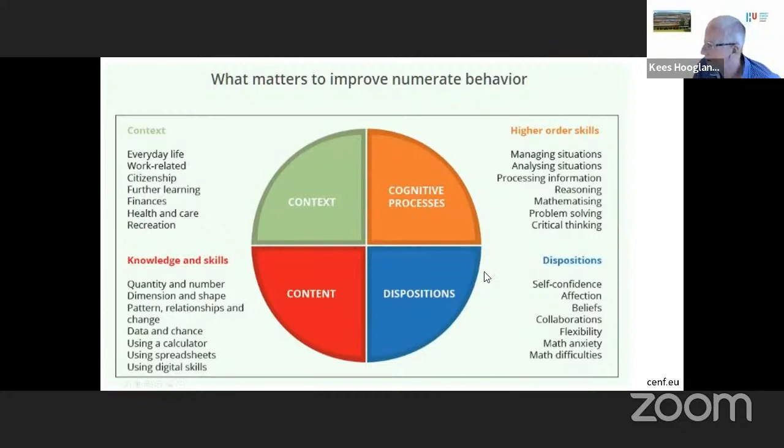How should I call it? It is really a barrier for a lot of people to make progress to improve their numerate behavior. And math anxiety, it's very important to realize, is not a learner's characteristic, but a product of education.